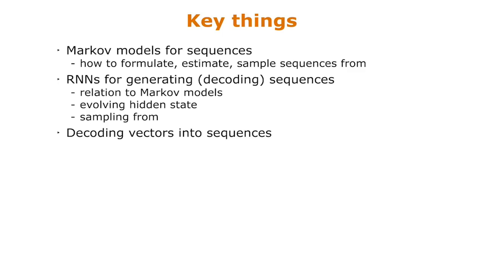And once we have this architecture that can generate sequences, such as sentences, we can start with any vector coming from a sentence, image, or other context and unravel it as a sequence, as a natural language sentence.